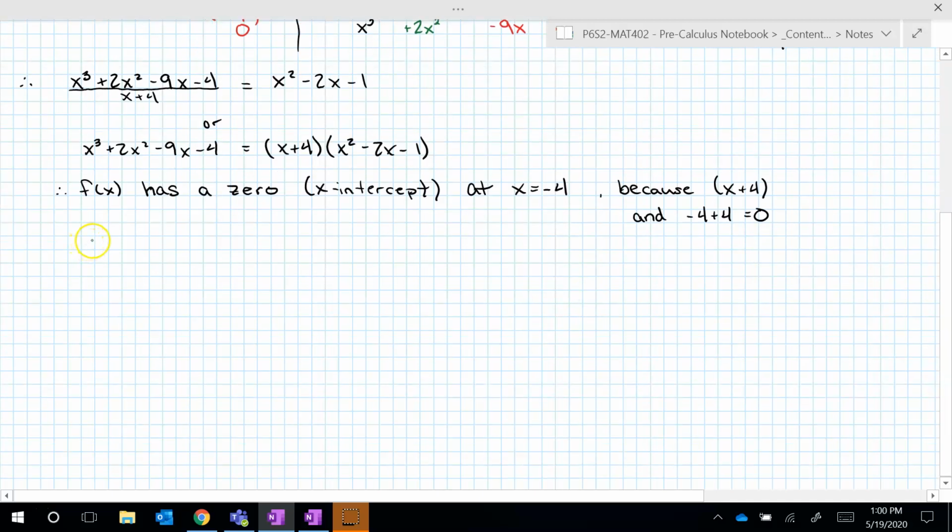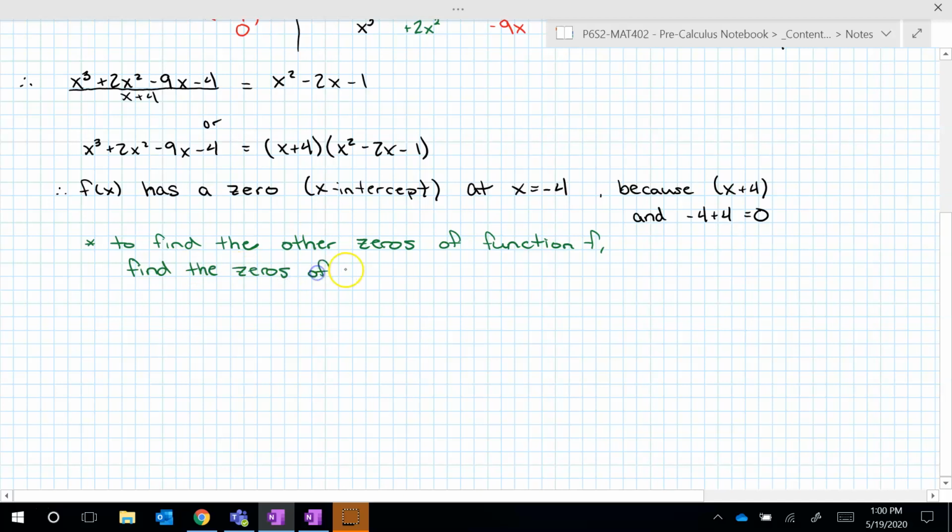So to find the other zeros of function f, we want to find the zeros of that quadratic factor, the x squared minus 2x minus 1 piece.